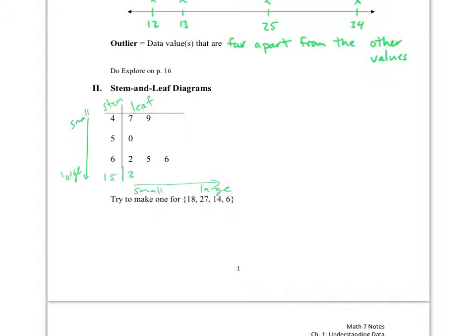Okay, so when we write these numbers, I'll do a little underlining in different colors. You can use different colors on yours if you want to. 47. And then you have 49. So those are two numbers in my list. And then we'd have 50. And you'd have 62.